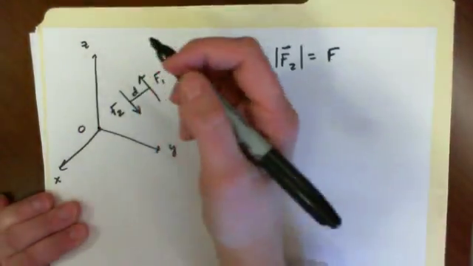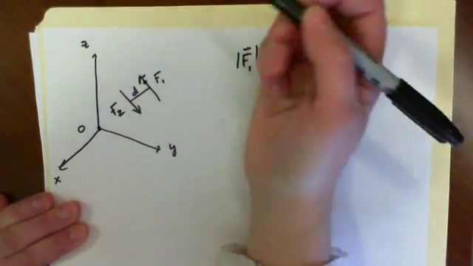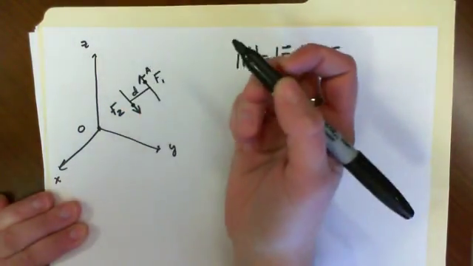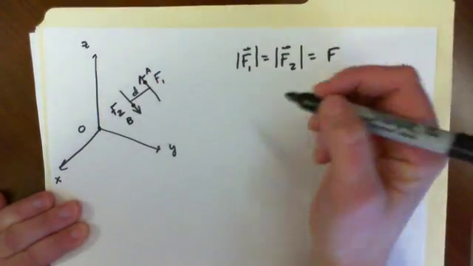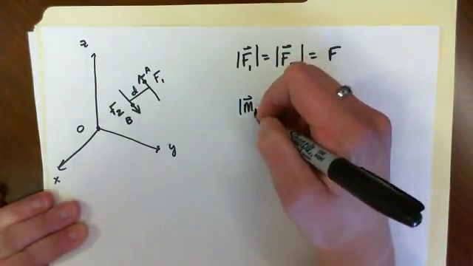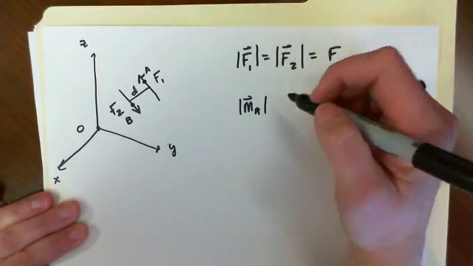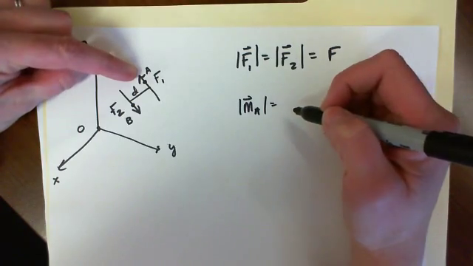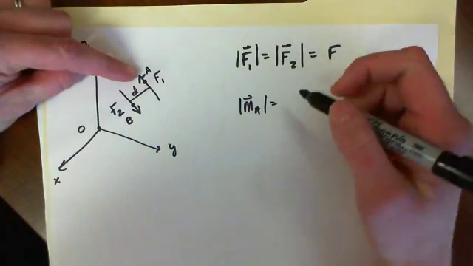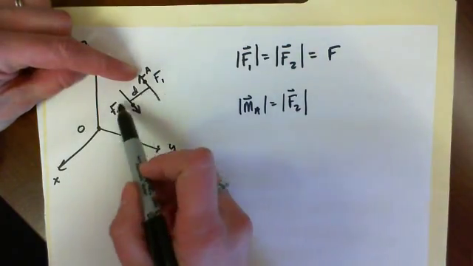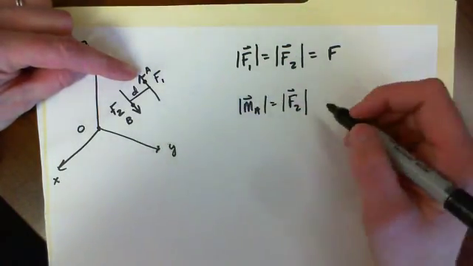So for the moment, I could define a point on F1 and call it A. I could also have a point on F2 and call it B. I could define the moment about A, just looking at the magnitude of that moment. If I'm looking at point A, the magnitude of the moment about that point would be the force F2 times the perpendicular distance to that point, which would be d.